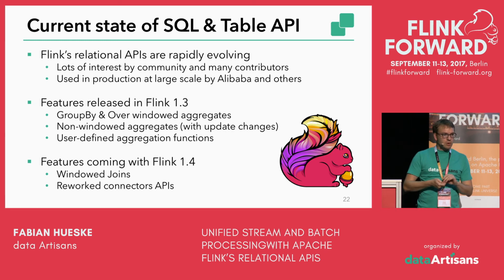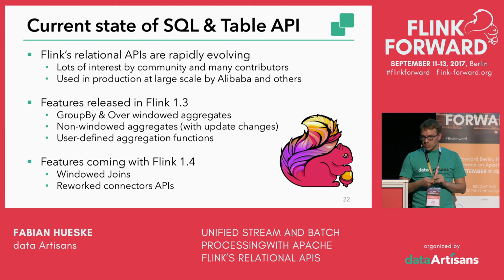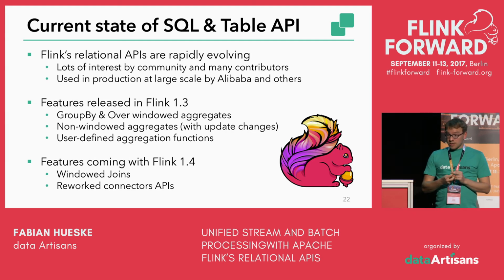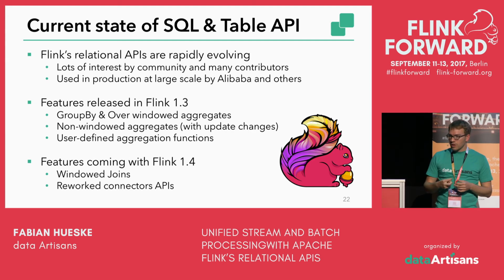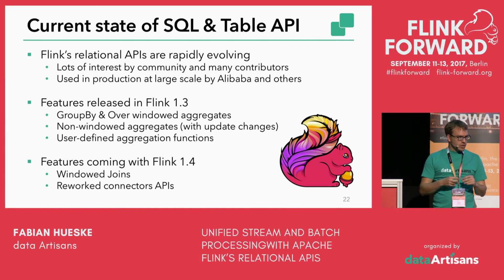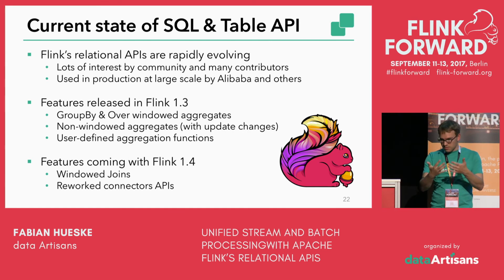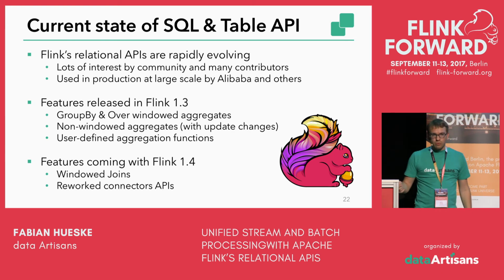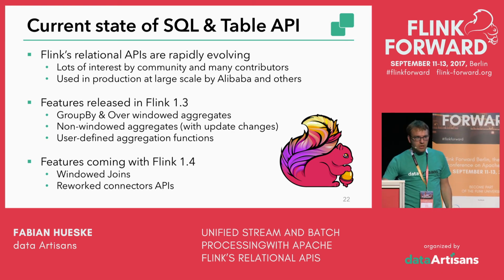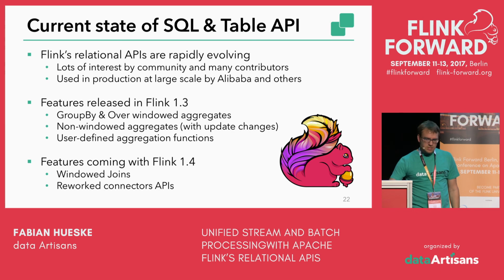User-defined aggregations were a major contribution as well. In the next version of Flink, Flink 1.4, we will add window joins, so you can do joins between streams in a streaming fashion, and we'll also rework the connector APIs, the table source and table sink interfaces.